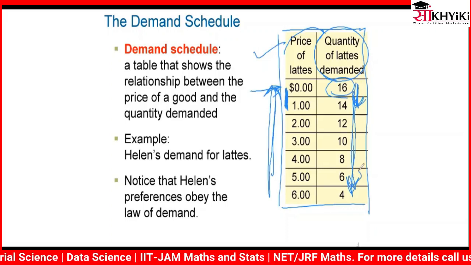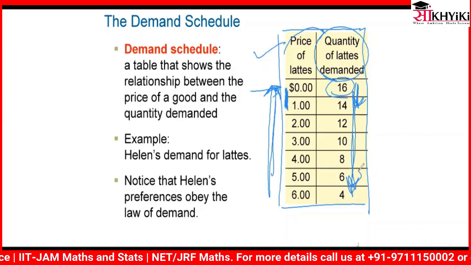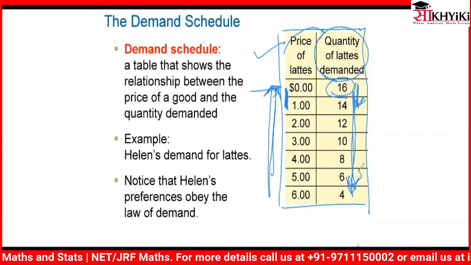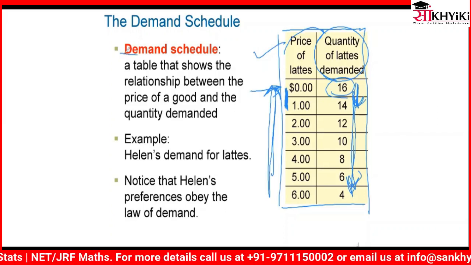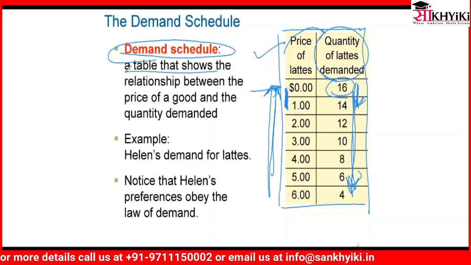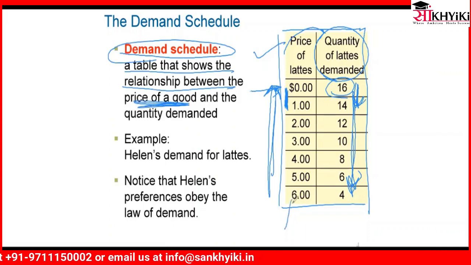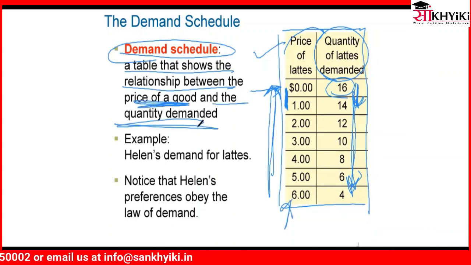So this table that you draw, which shows the relationship between price and quantity, is called the demand schedule. So a demand schedule is a table that shows the relationship between the price of a good and the quantity demanded.